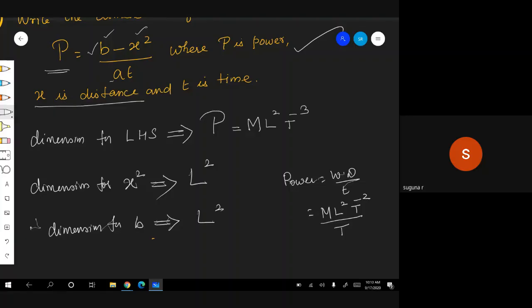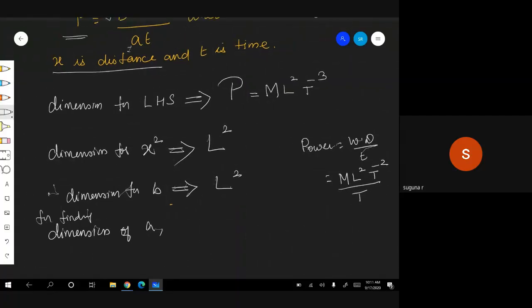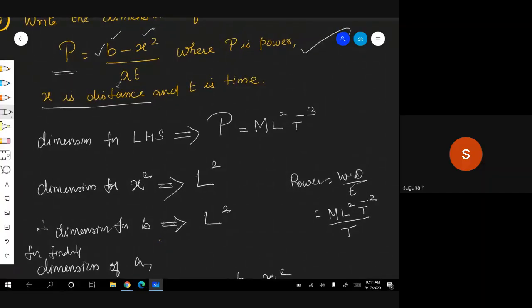But you have to find out the dimension of A also. For finding the dimension of A, you know PAT is equal to B minus X squared.